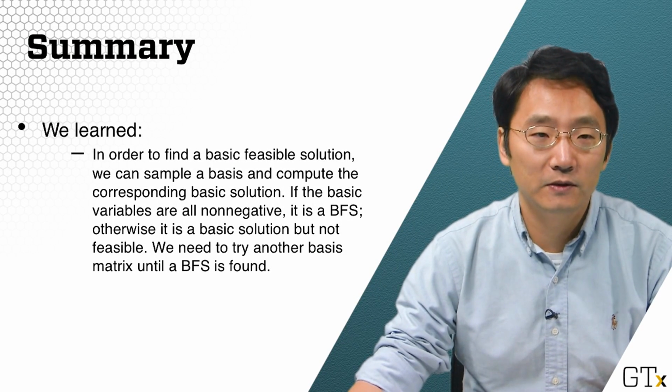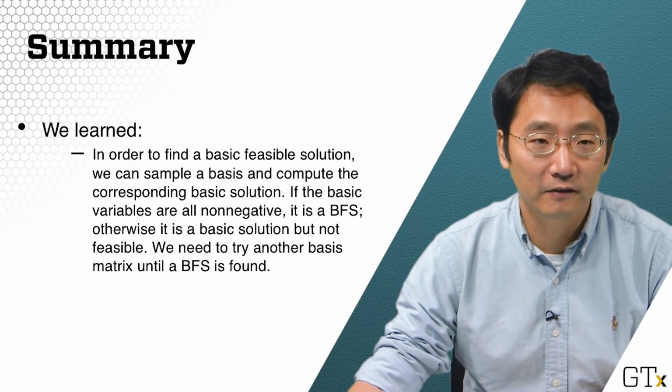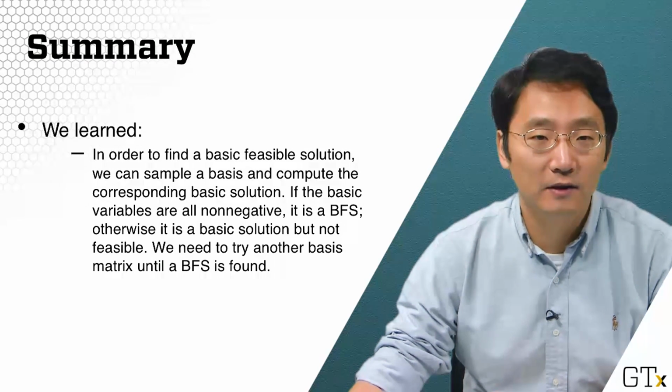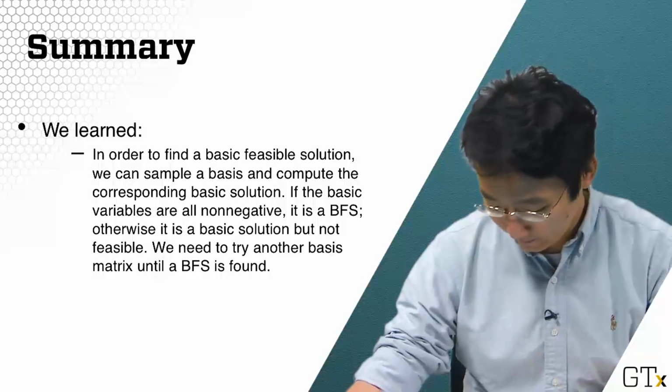So this is a procedure that you can use to find a basic feasible solution, especially for small problems. For large problems, later we'll see that this procedure is not very efficient, but this procedure is for the purpose of understanding how to find a basic solution, how to find a basic feasible solution, how to compute them.